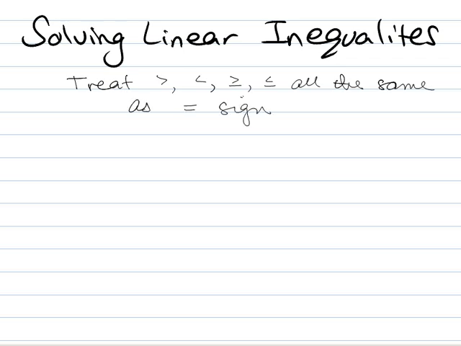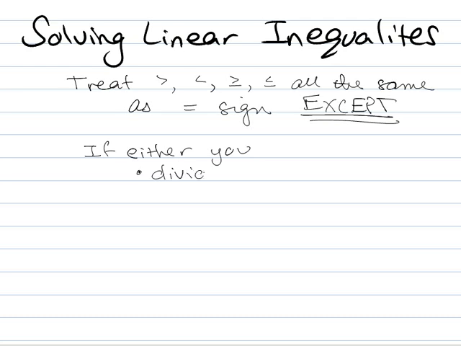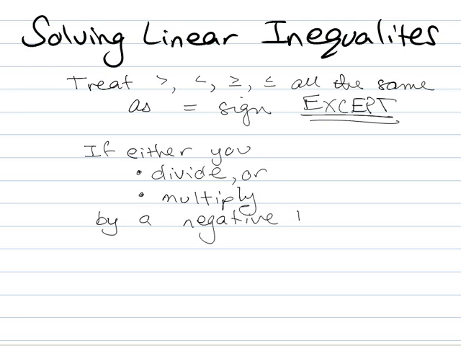So we can add something to both sides, subtract something from both sides, divide, or multiply both sides. We can treat it all the same as we would if it was a regular equation, except if you either divide or multiply by a negative number, you have to flip the direction of the sign.